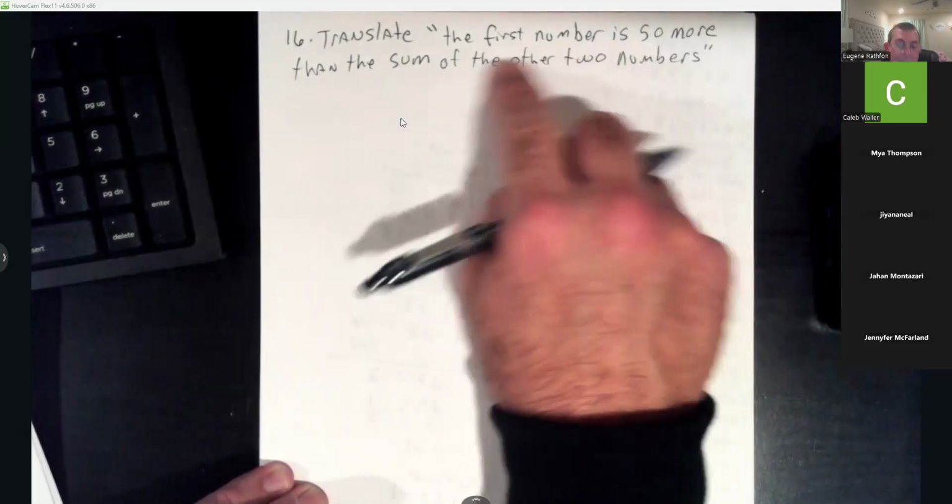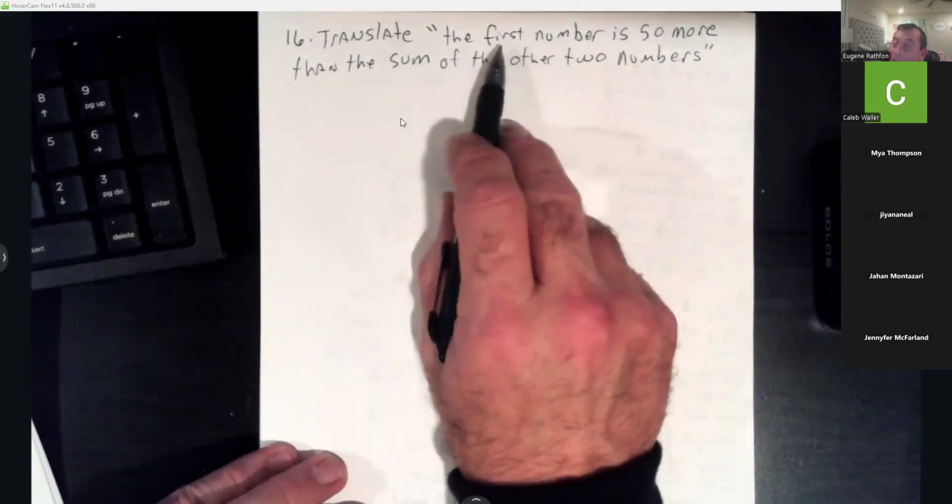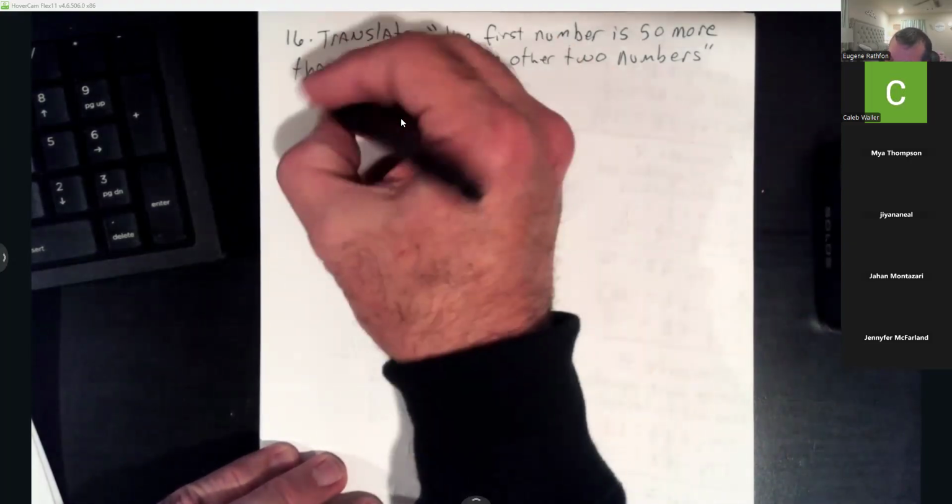So they just want me to translate that, and I'll use X, Y, and Z. So I don't know the first number, so I'm going to let that be X.